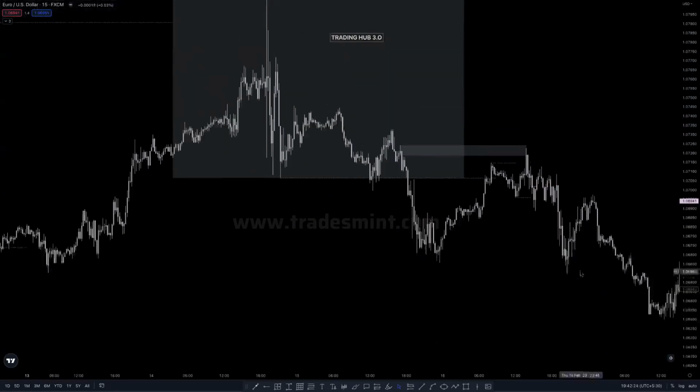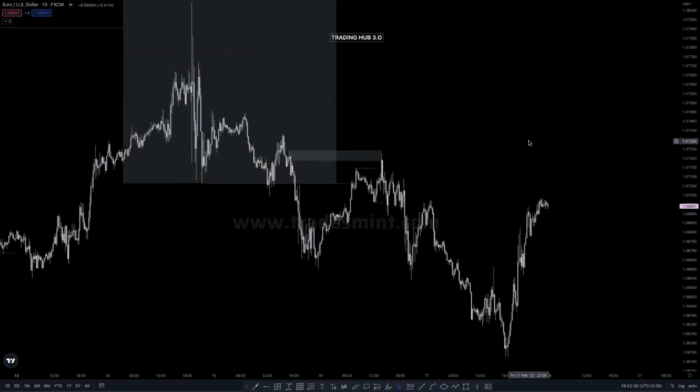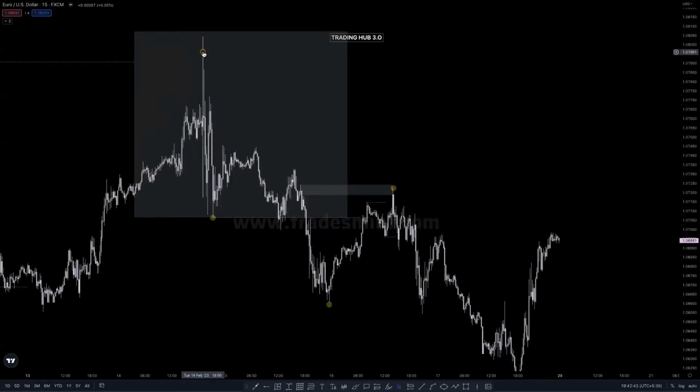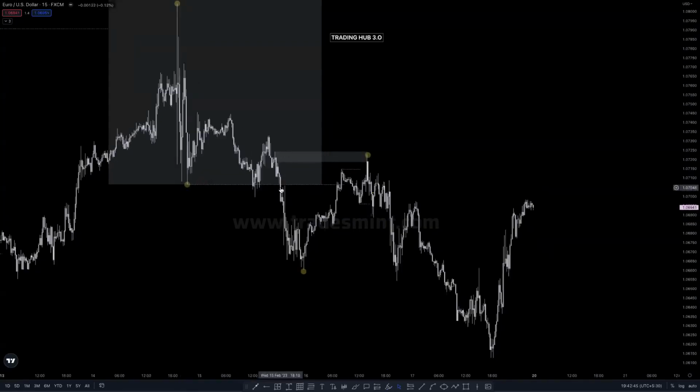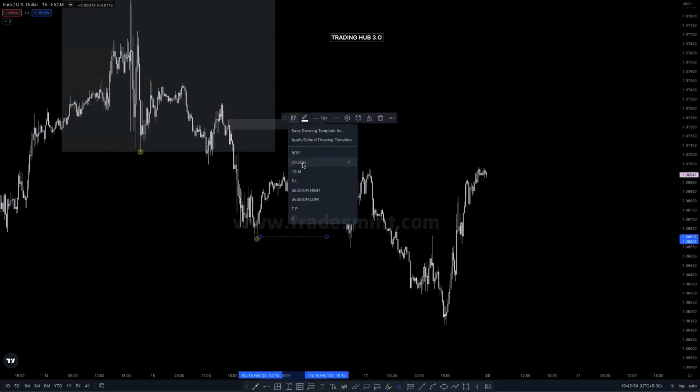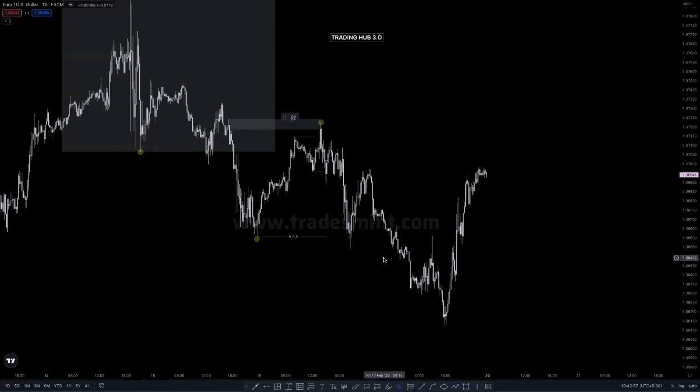Right now, what is happening at this point? First of all, we have to mark the structure. So this was our structure, the key point is here, and the high and low. Sweep, and this one is a new structure because the market closed below it.